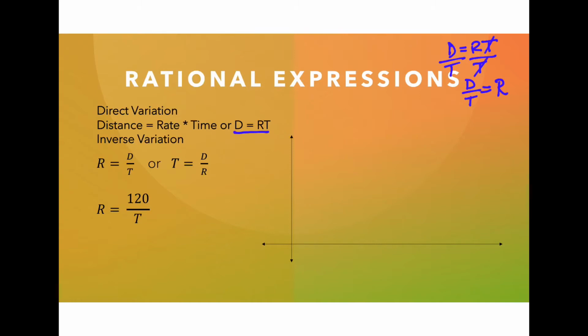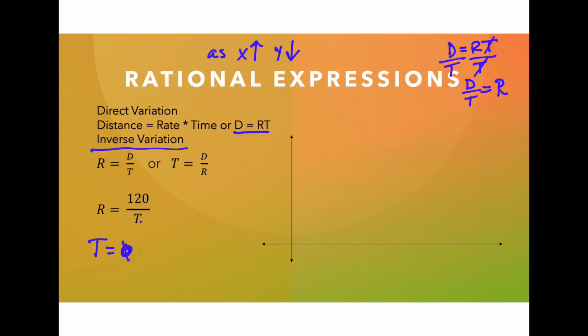What we see with an inverse variation is that as x increases, y will actually decrease, right? So they have that kind of opposite effect. Now, it doesn't just give us a line, because you'll notice that when we have a t in the denominator, we have a restriction now. T, we know, time, cannot be equal to 0.